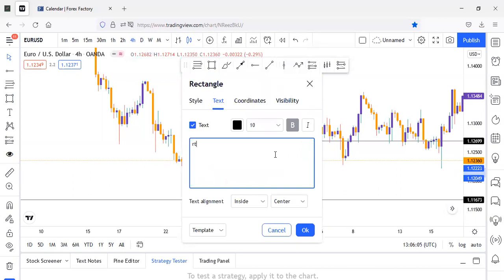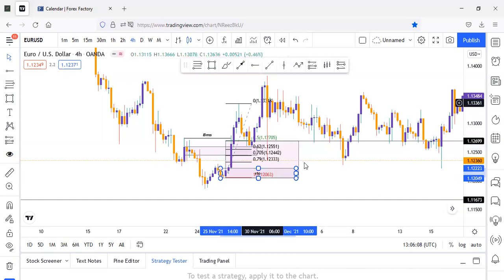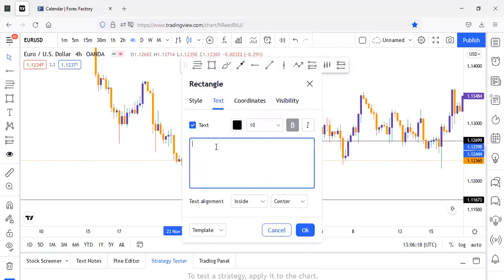This place I'll call RTO, return to order block. This place I'll call RTBB, return to breaker block.